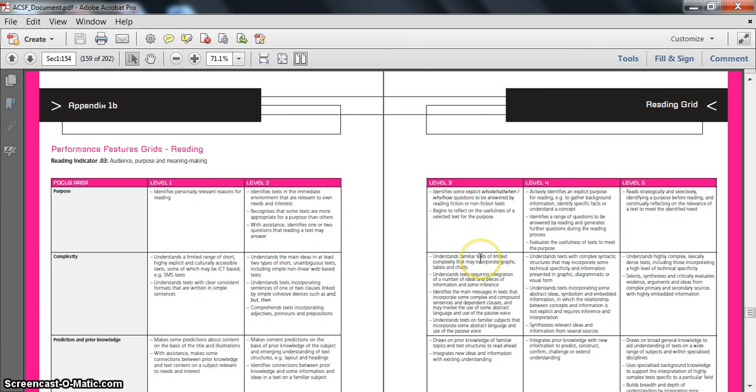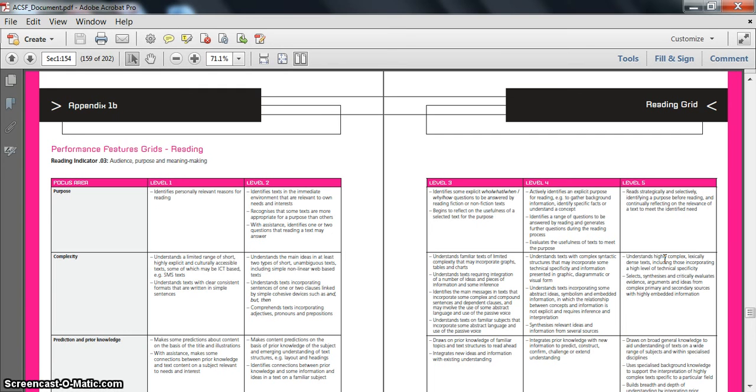Level 3, they can understand familiar texts of limited complexity that may incorporate graphs, tables, and charts. Level 4, complex syntactic structures that may incorporate some technical specificity and information presented in graphic, diagrammatic, and visual form. And Level 5, highly complex, lexically dense texts.